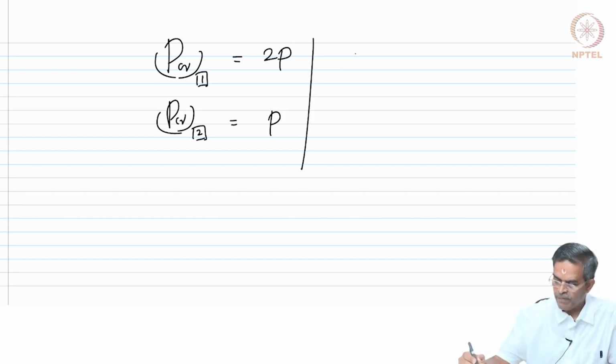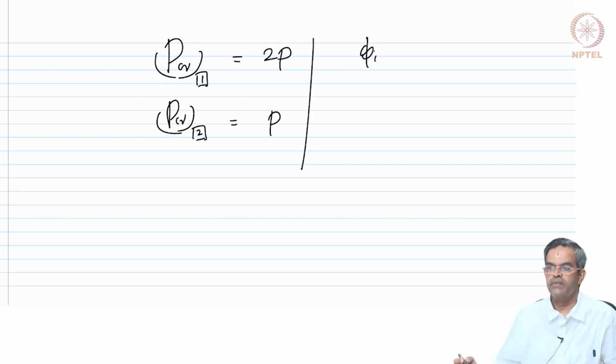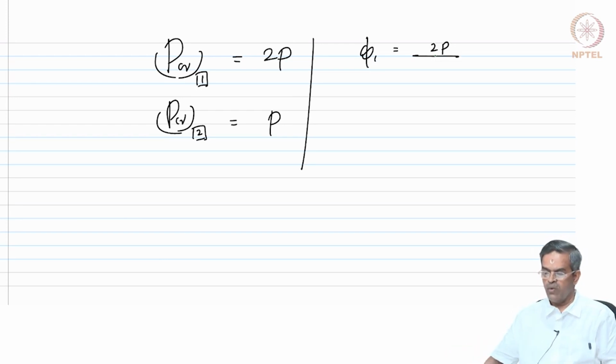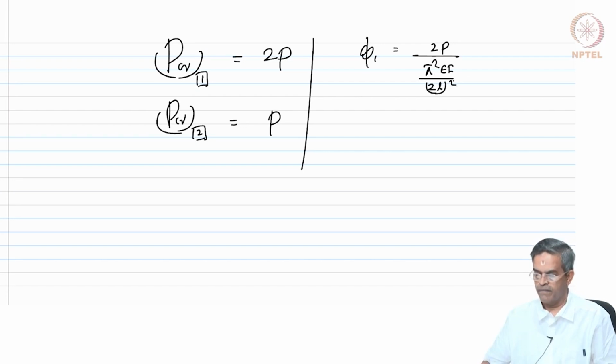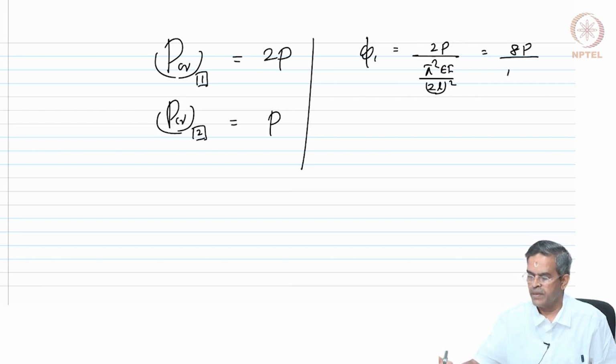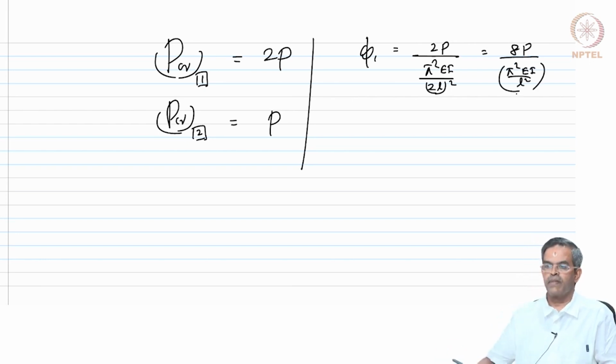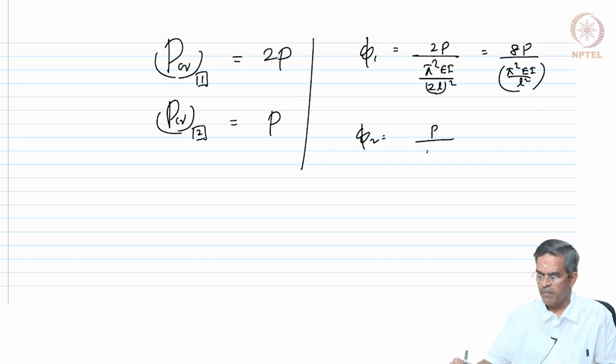So, by this logic, phi 1 should be 2P, because phi is the ratio between the applied load and the Euler's critical load, which is pi square EI by L square. In this case it is 2L the whole square, which will become 8P by pi square EI by L square. Am I right? Similarly, for phi 2, it will be P by pi square EI by L square.